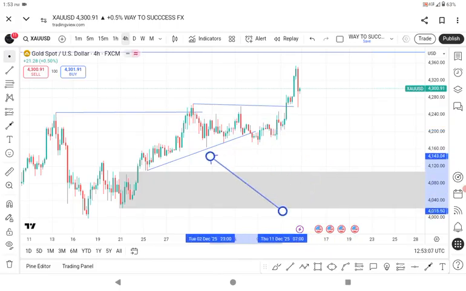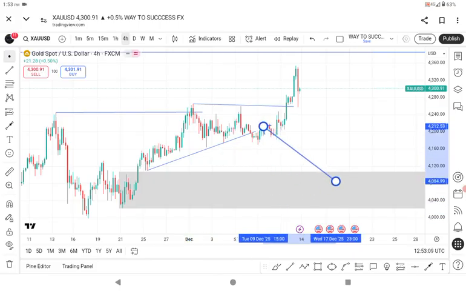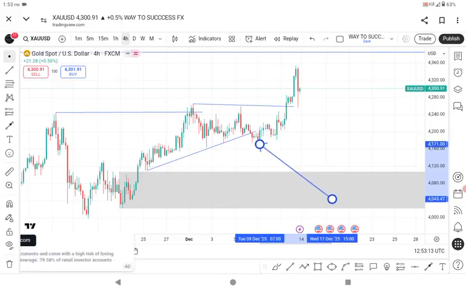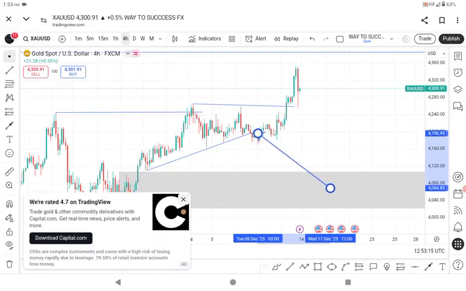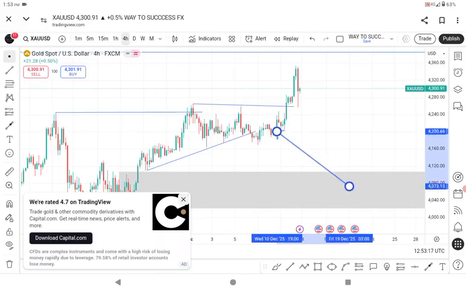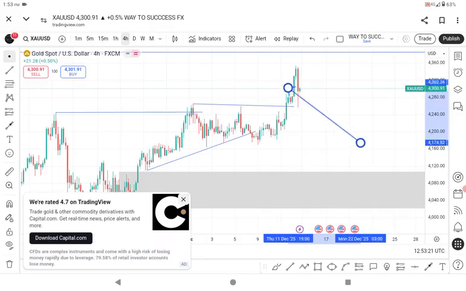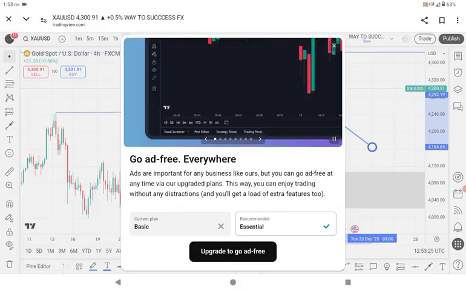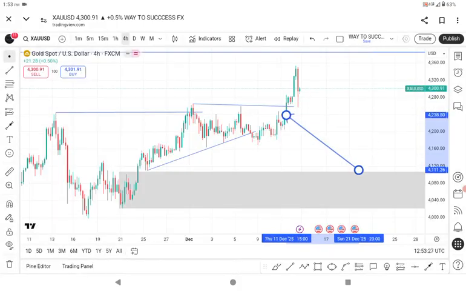Instead, it manipulated the sellers, people to start selling, which is making this broken trend line and making people start selling, and unfortunately it broke the high to the upside, which is a continuation market sentiment. After this break now, what am I expecting?